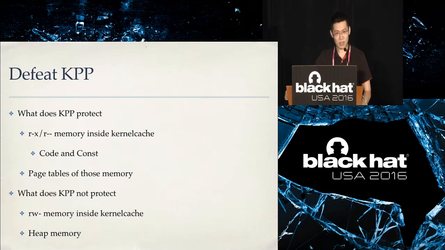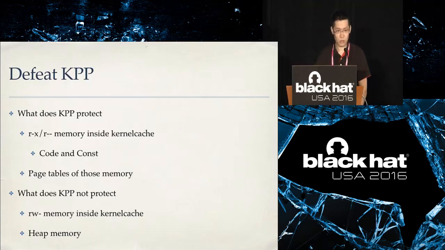So that means Apple wants to protect all the kernel text code and all the const variables. Also, we found that the page tables of those protected memory are also protected by KPP. That means you cannot change the protection of the memory from RX to RWX. If you make it writable, KPP will also trigger the panic.